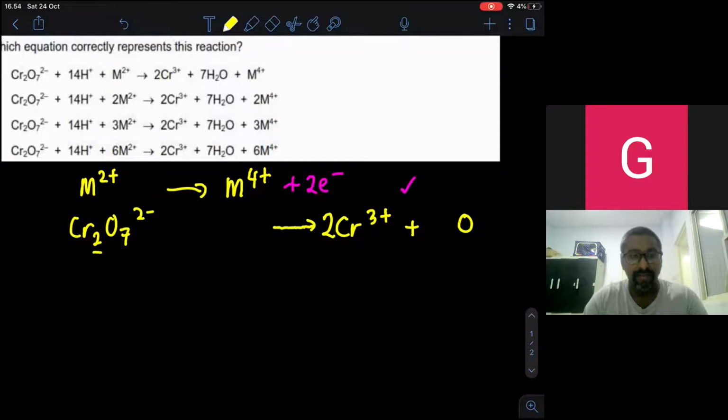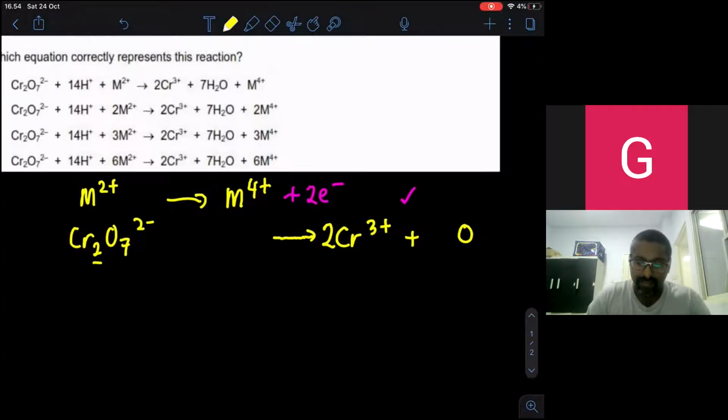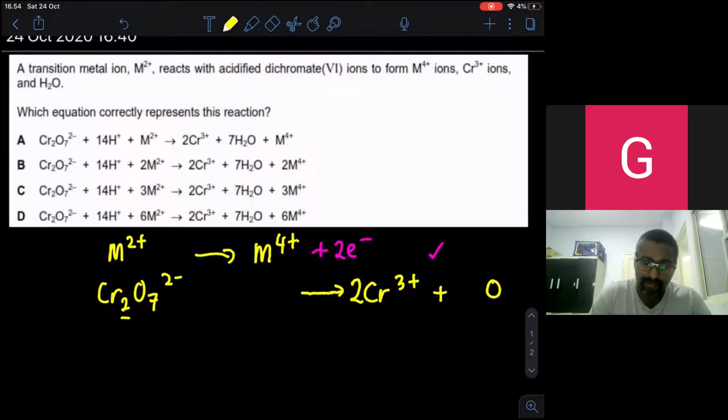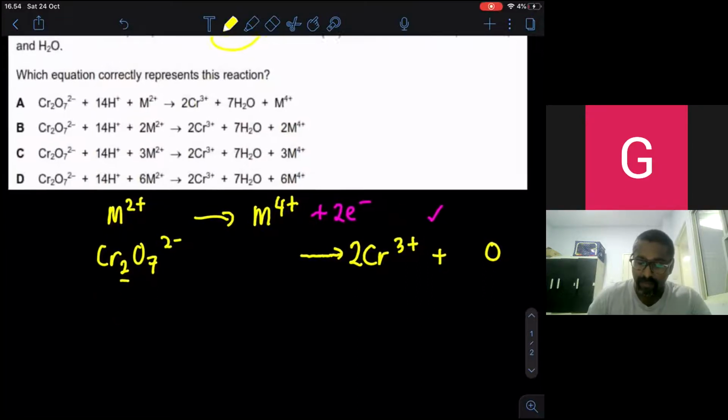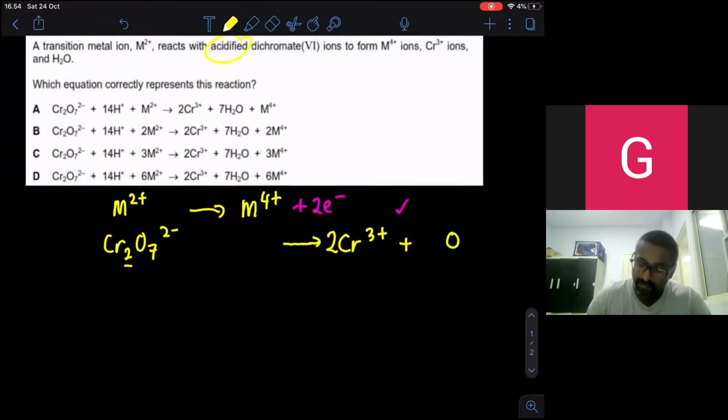To cut this short, dichromates do not release oxygen gas. So how do we get oxygen? This is where the acidified dichromate comes in, because it will give you the oxygen in the form of water.